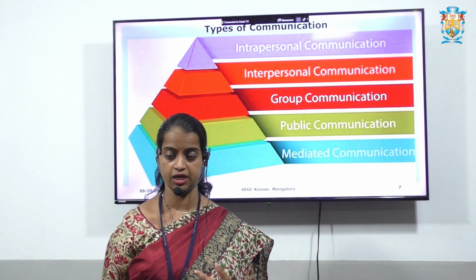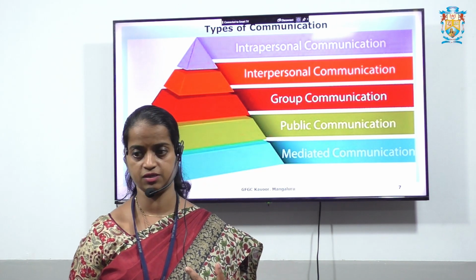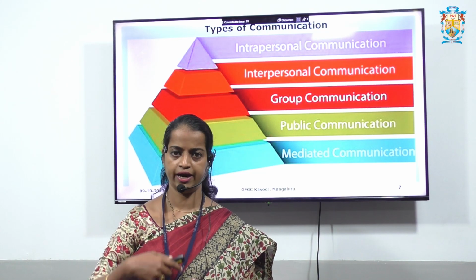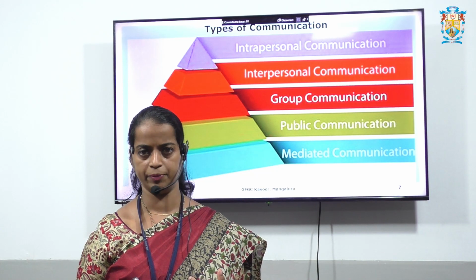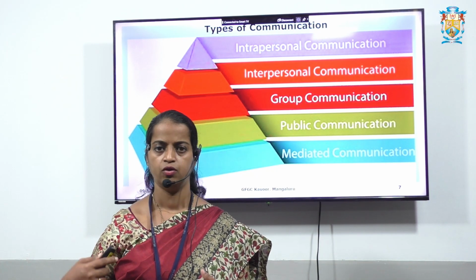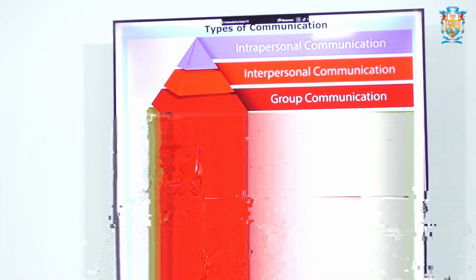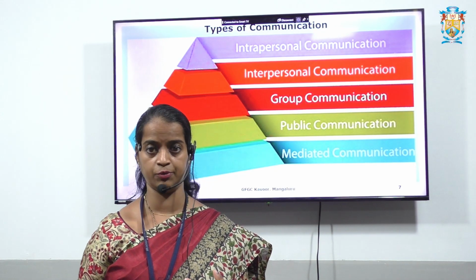There will be communication between two or more people in the intrapersonal way. That is nothing but, this college and the XYZ other college will be having a competition. Milagres College is organizing a competition, whereas XYZ and ABC colleges come and participate in our college fest, which is nothing but intrapersonal communication.